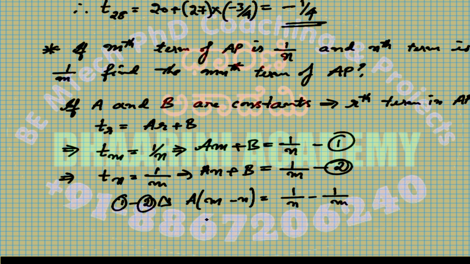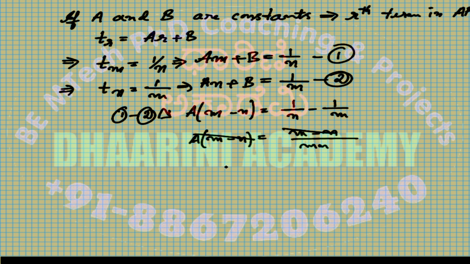So A into (m minus n) is equal to (m minus n) over mn. The m minus n will cancel on both sides. Therefore, A is equal to 1 divided by mn.